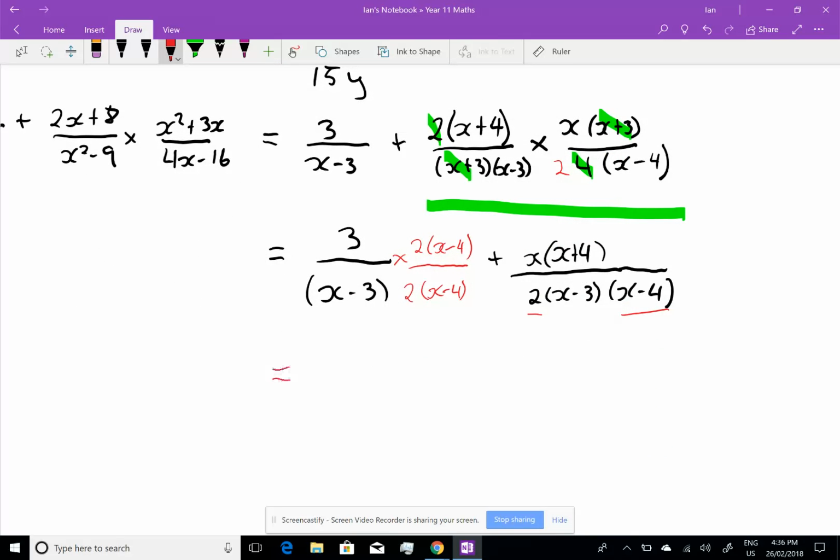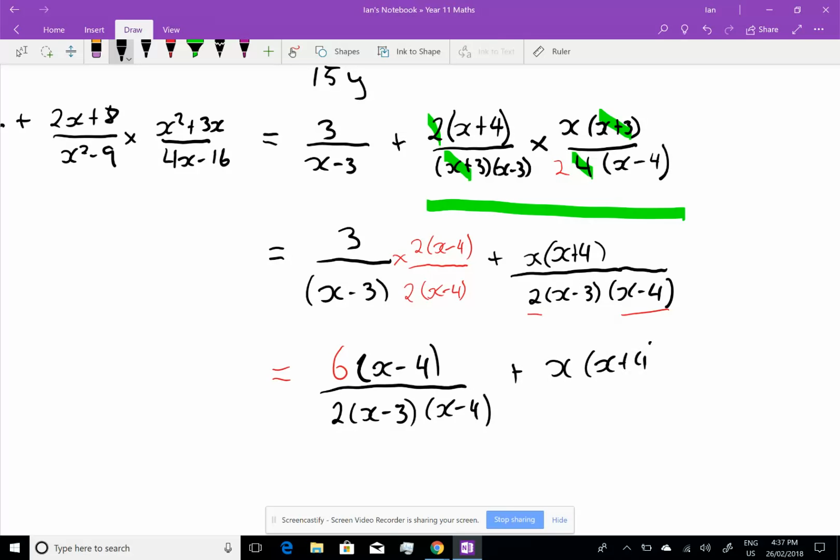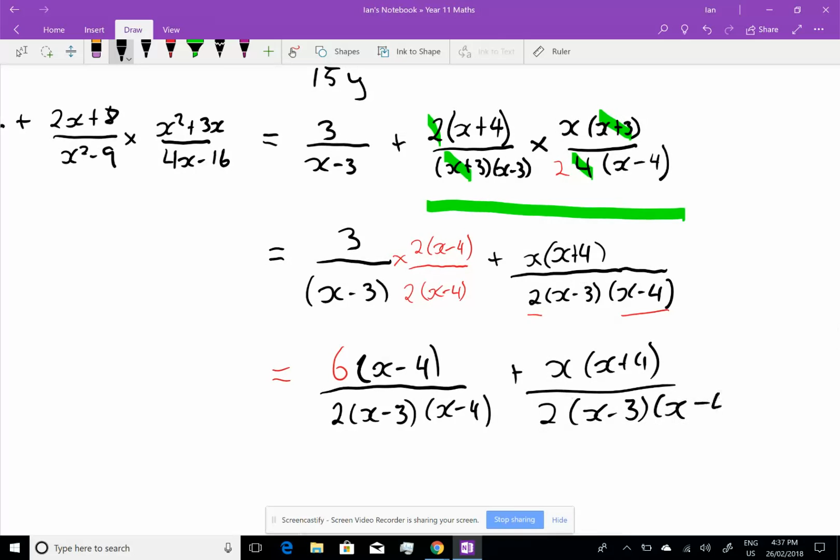So I'm going to get 6 outside of x minus 4, all over 2, x minus 3, x minus 4, plus x times x plus 4, over 2, x minus 3, x minus 4.